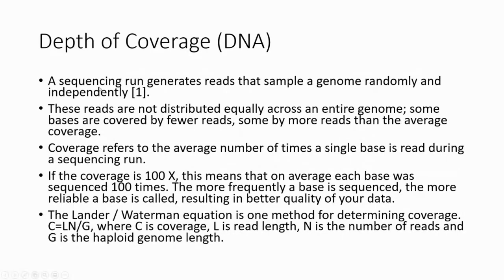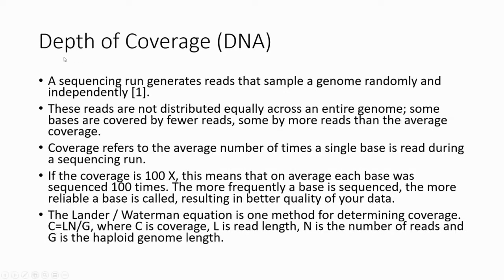Depth of coverage basically means a sequencing run generates reads that sample a genome randomly and independently. And these reads are not distributed equally across the entire genome. Some bases are covered by fewer reads and some by more reads than the average coverage. So that means the same nucleotide position can be read many times, with many reads, or can be read fewer times, with fewer reads.